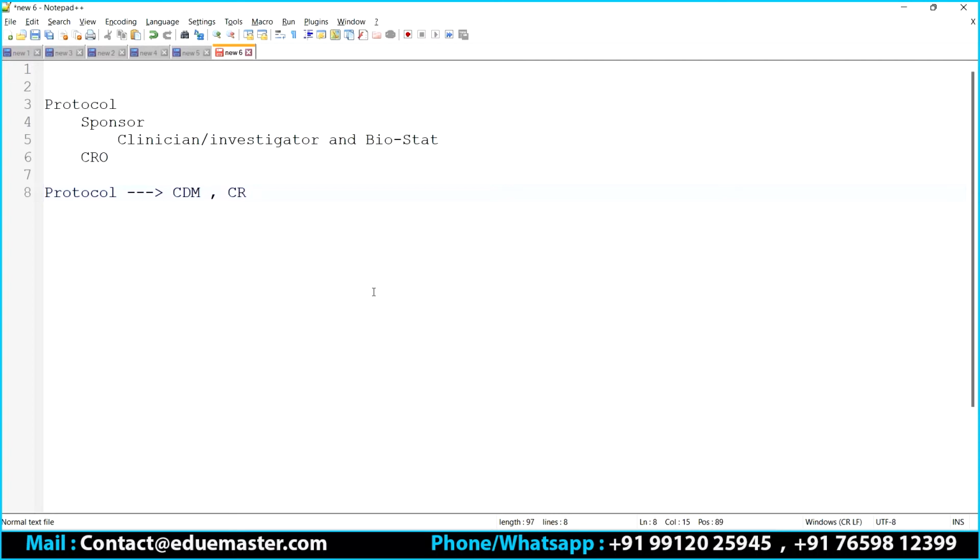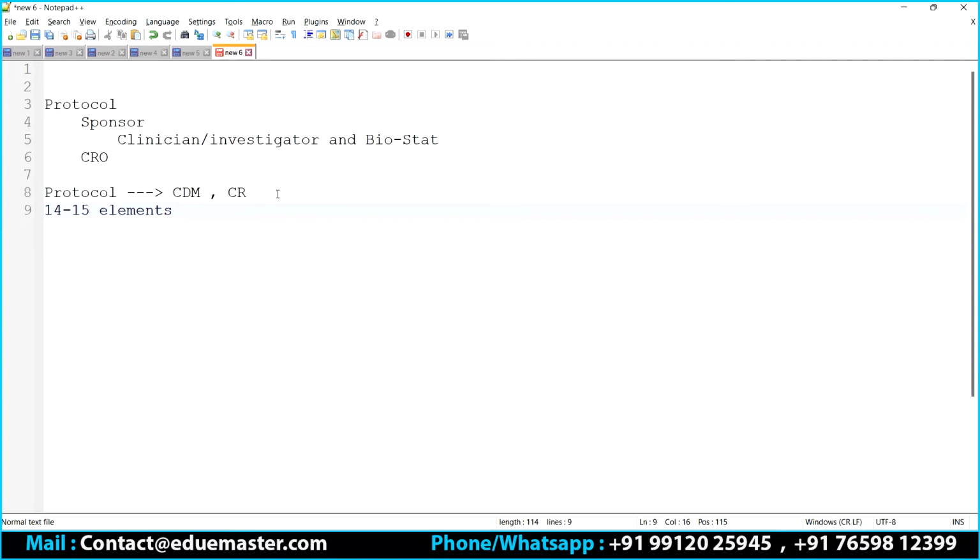I'm not restricting you from learning about the protocol. I will guide that, and I'll also suggest that you learn about it, but don't go too deep, because the protocol will have around 14 to 15 different elements. All the elements may not be required for us as SAS programmers, right?